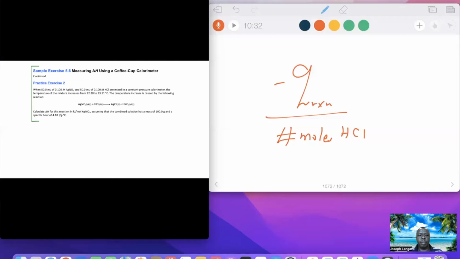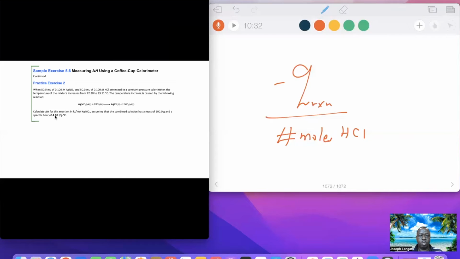The temperature of the mixture increases from 22.30 to 23.11. So again, this is an exothermic reaction because of the increase in temperature. This is the balanced equation: 1 mole of silver nitrate reacts with 1 mole of HCl to precipitate 1 mole of silver chloride and 1 mole of nitric acid.